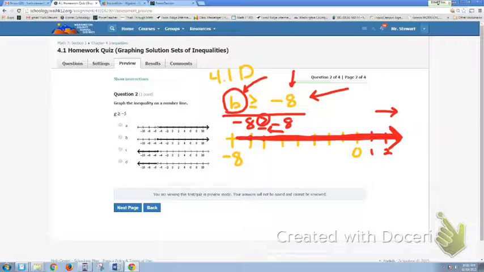So is -8 equal to -8? And we would say yes. This is our starting point, so I'm going to do a big closed circle. Remember, open circle for just greater than or less than, but a closed circle for greater than or equal to or less than or equal to. So a big closed circle showing I'm starting at -8, and that is part of the solution set, and anything above -8 is also part of that solution set.